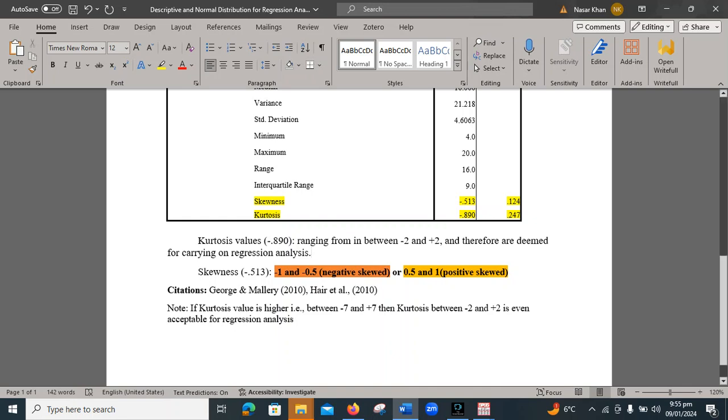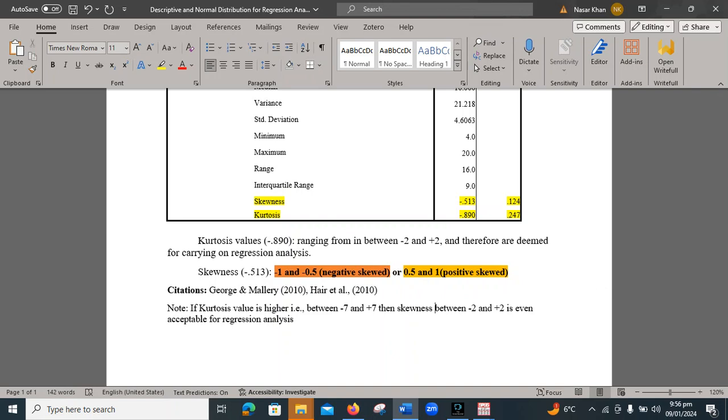And the relevant citations are also mentioned here. There are two citations, the George and Mallory book. This is a very classic book for learning SPSS, so you can study this book also. But there is a note in the final sentence. If kurtosis value is higher, that is between -7 to +7, then the skewness between +2 and -2 can be acceptable.